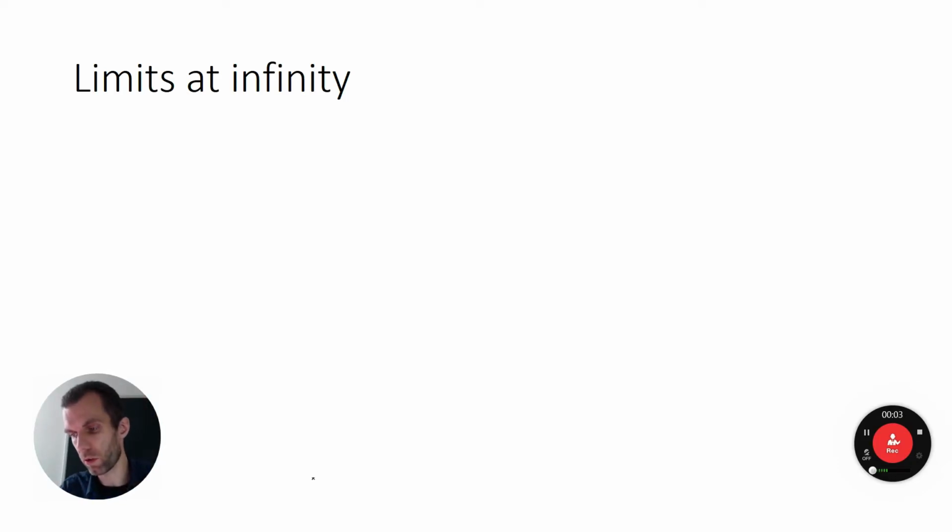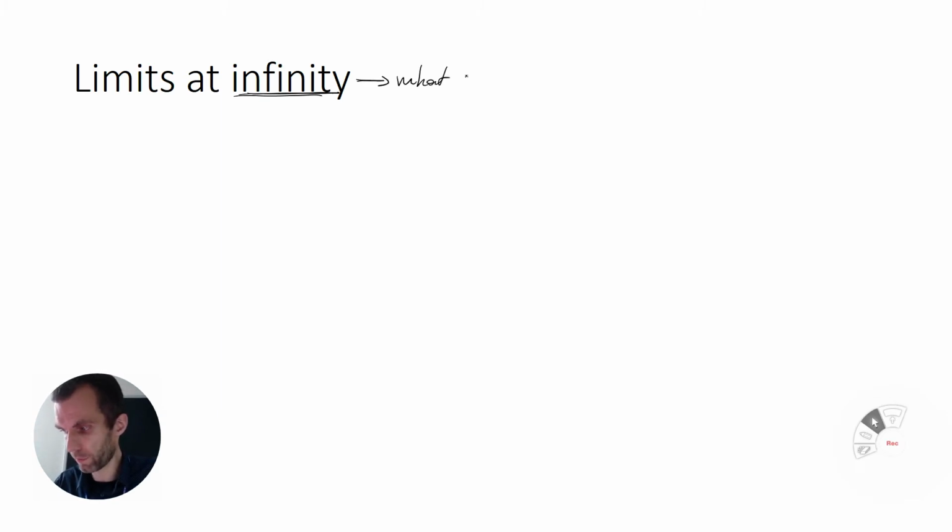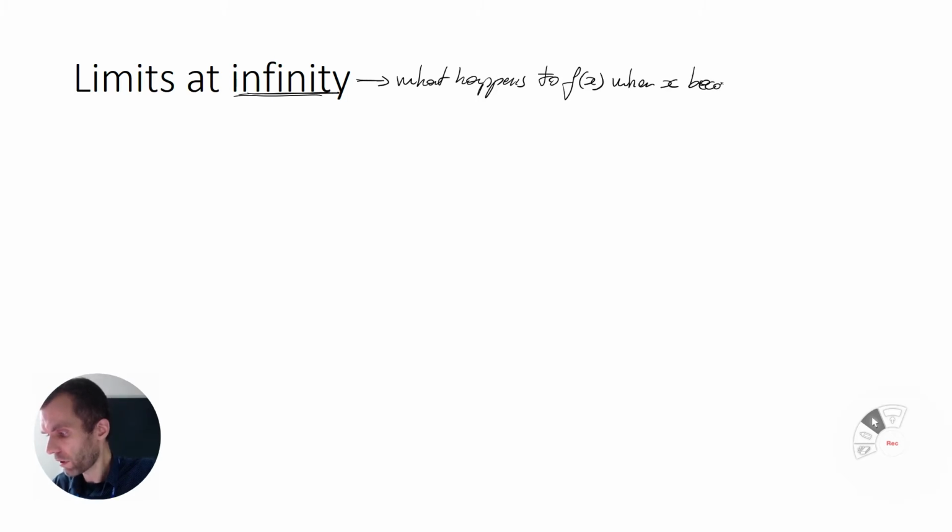For our next topic, we're going to look at limits at infinity. And this infinity here basically refers to the question, what happens to f of x when x becomes very large?